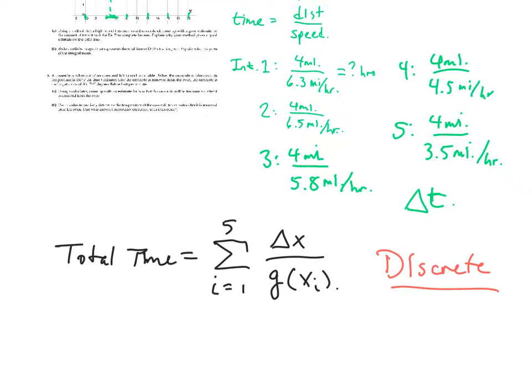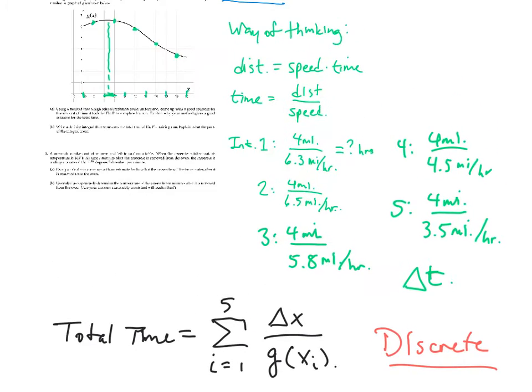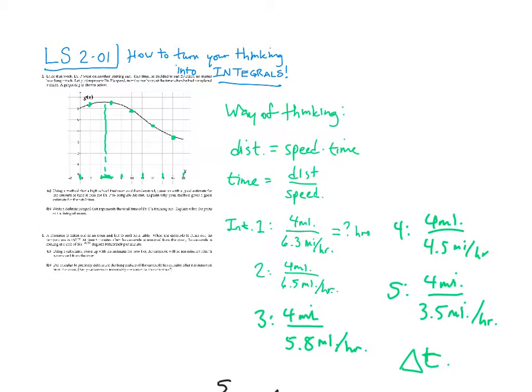Now, really, nothing I'm going to do here is going to produce an exact answer because I'm working with a graph that isn't defined by any particular exactly defined function. But I do want to demonstrate how we can turn this way of thinking into an integral. That's the whole point of the video. So what if I take this graph here, and instead of chopping this interval up into 5 subintervals, I chop it up into an increasing number of intervals and let the number of intervals go to infinity.